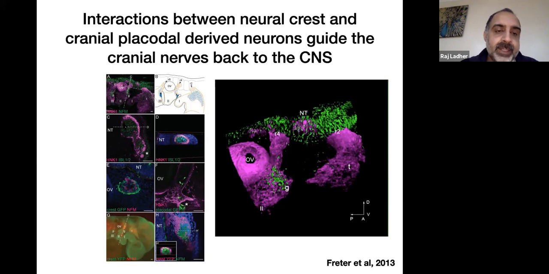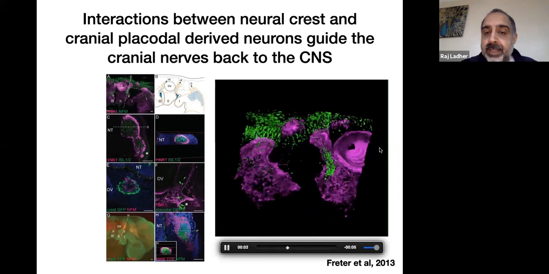Here, islet1 is a marker for the placodally derived neurons, and you can see the neural crest is encapsulating the placodally derived neurons. So it's forming a sleeve, a tunnel through which the placodally derived neurons can travel back into the brain. And so this is shown here quite nicely.